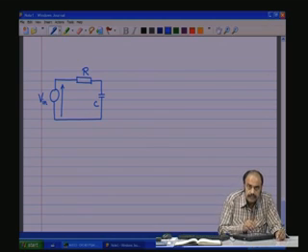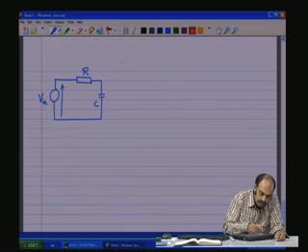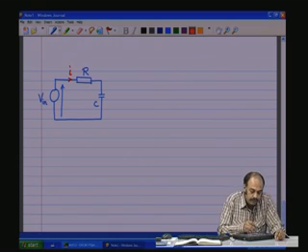Just by looking at this, we see that there is of course going to be a current which is flowing through this, and that we call I. If there had been no R, it is going to be a pure 90 degrees lead. The current is going to lead the voltage by 90 degrees. R does not introduce any phase shift.